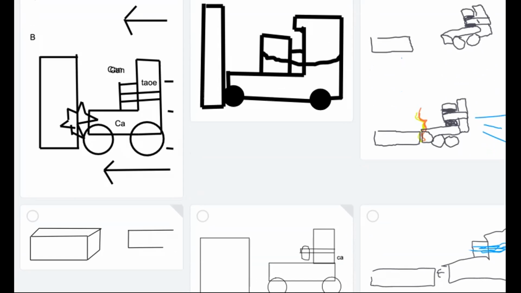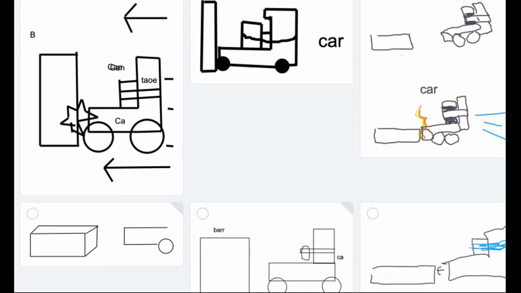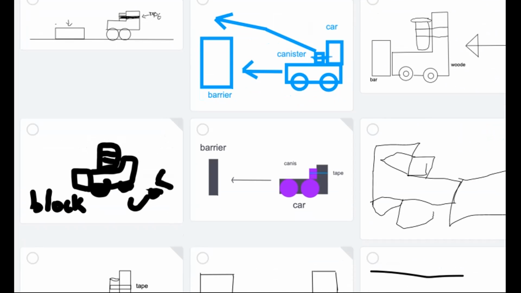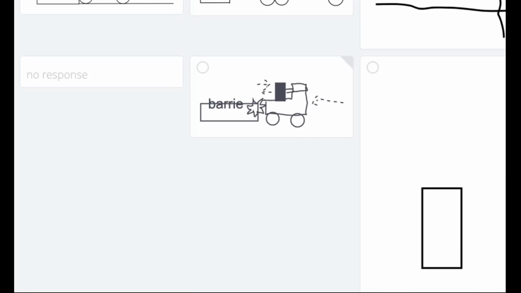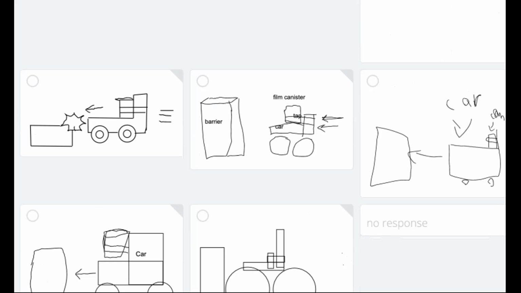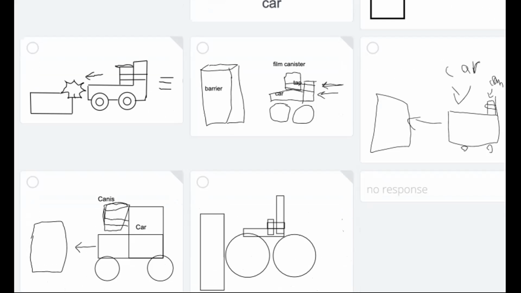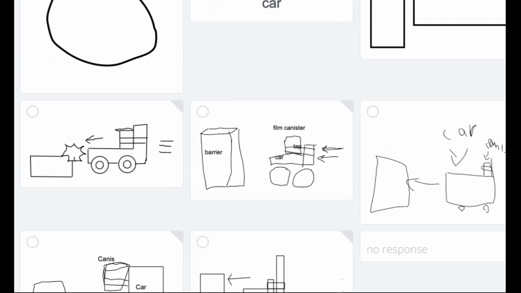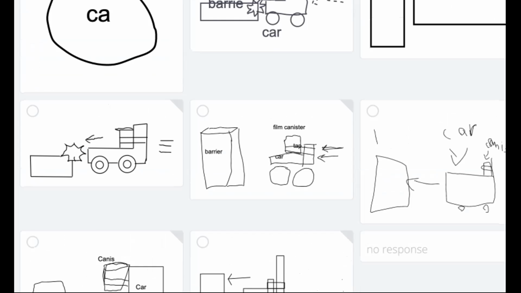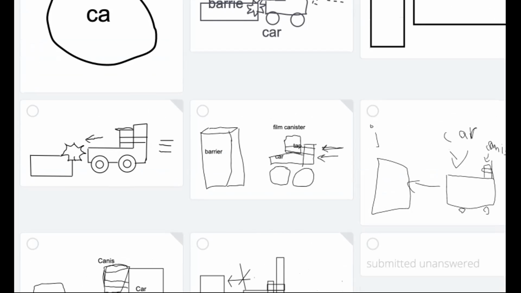Annabella, Mia, Elijah, we're on number 6. Good. So we're labeling barrier, film canister, car, including arrows. Very good. Okay. Some of you have some great drawings, but now you need to make it a great diagram.